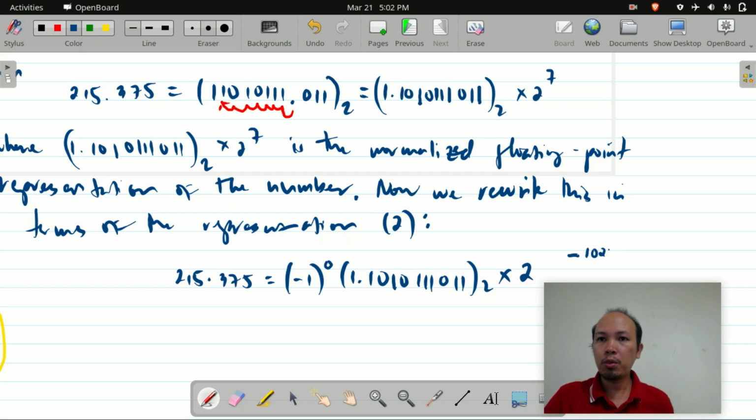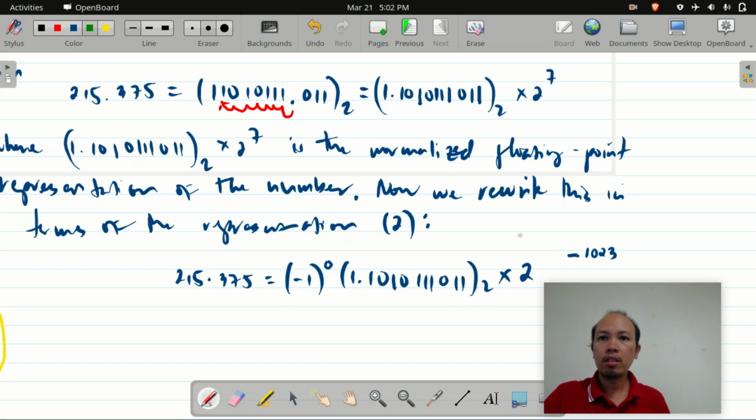So what should be the number here so that the result equals 7? Let's try green.